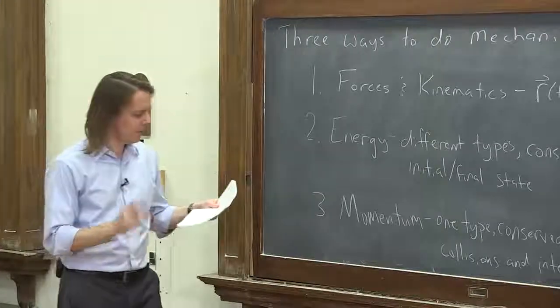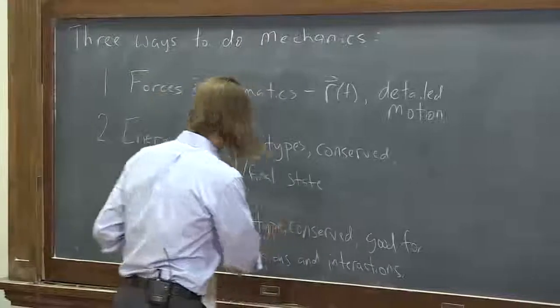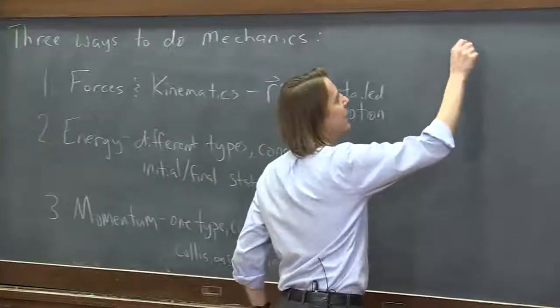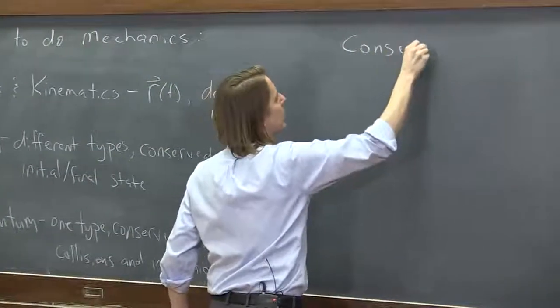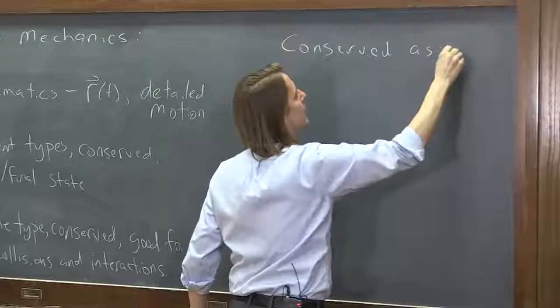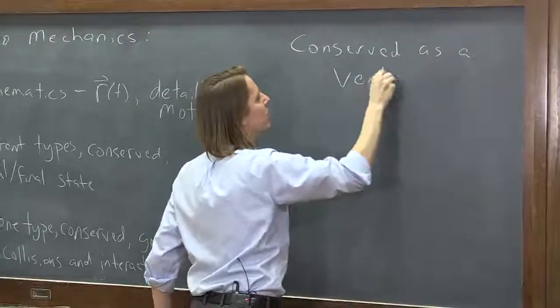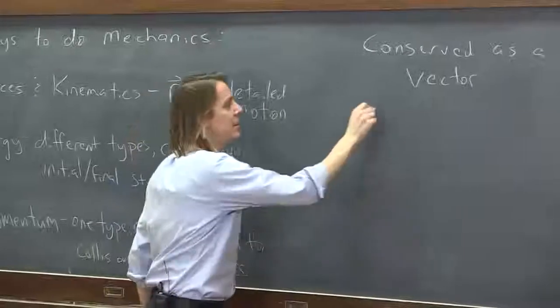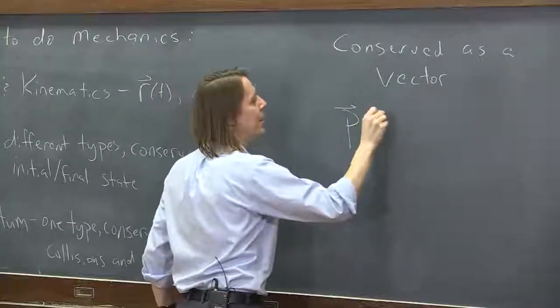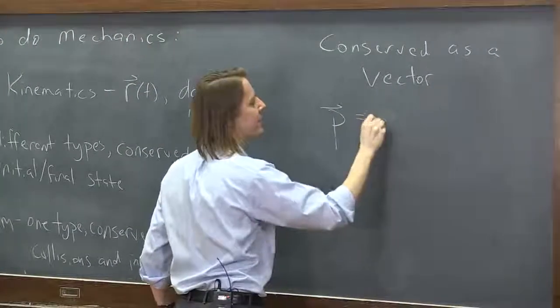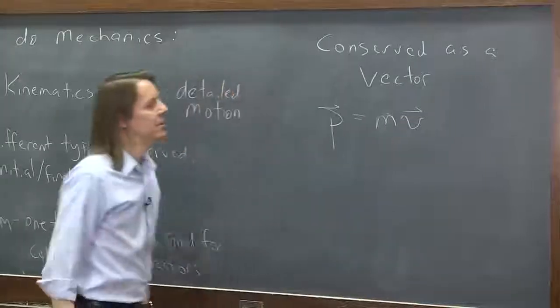Now, one thing about momentum I want to point out is that it is conserved, but let's get a little more specific, as a vector, because momentum, little p, is the vector mass times velocity.